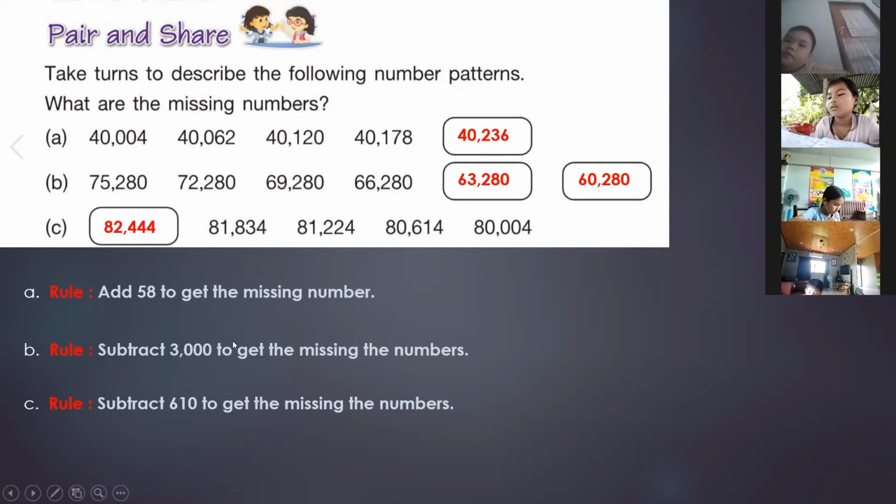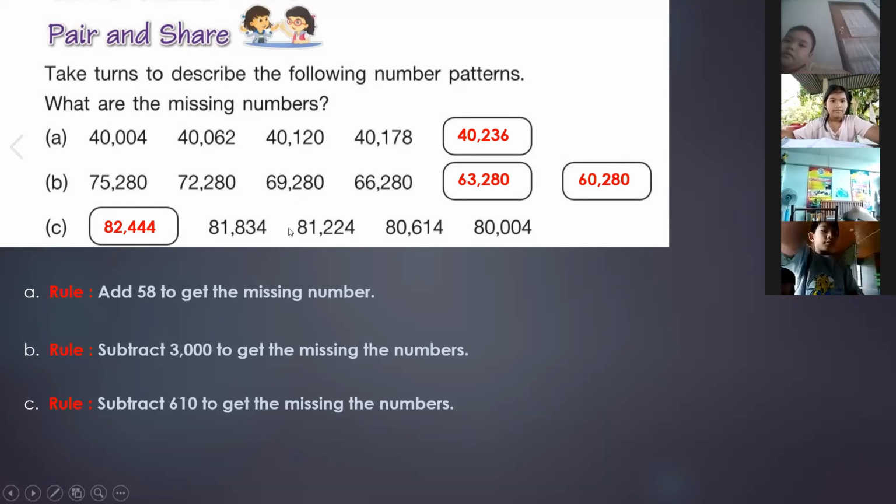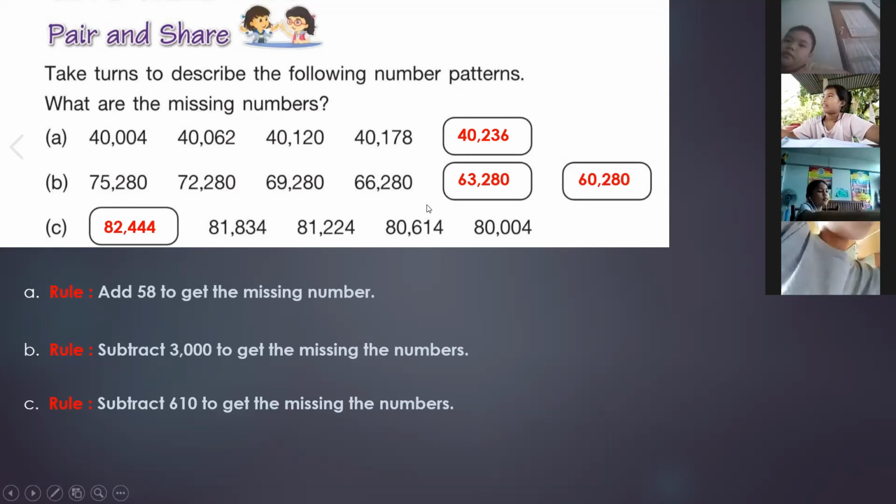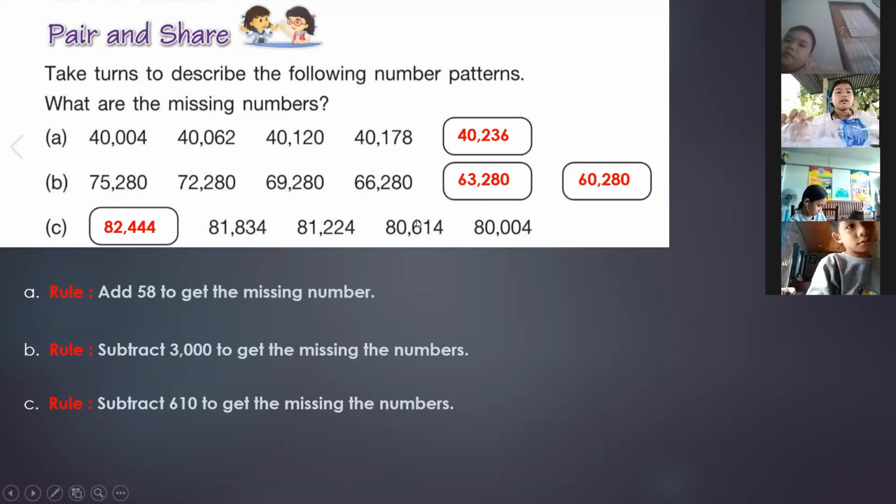So we get 82,444 minus 610 is equal to 81,834. 81,834 minus 610 is equal to 81,224. 81,224 minus 610 is equal to 80,614. And 80,614 minus 610 is equal to 80,004.